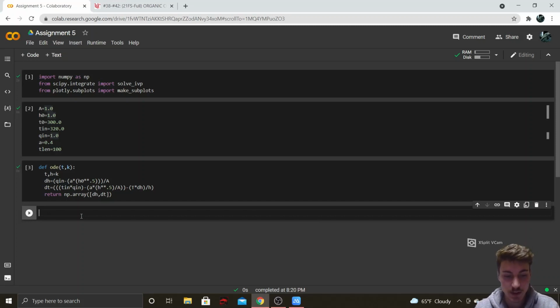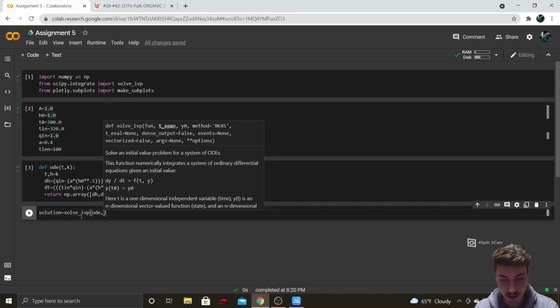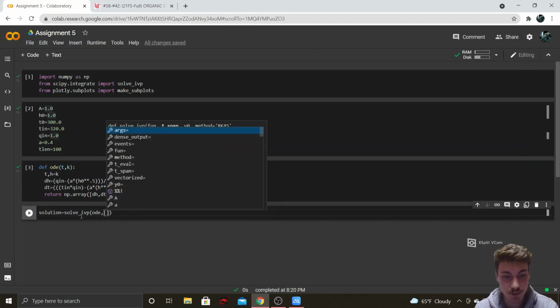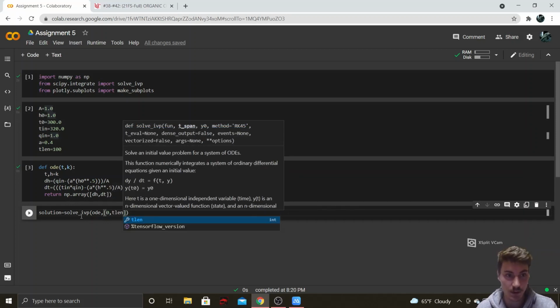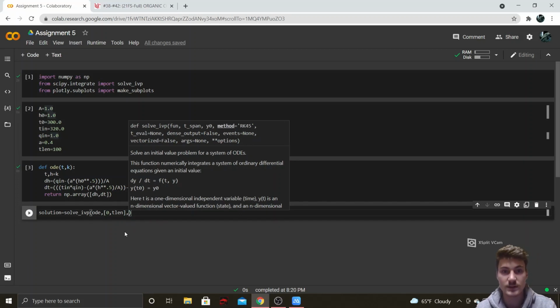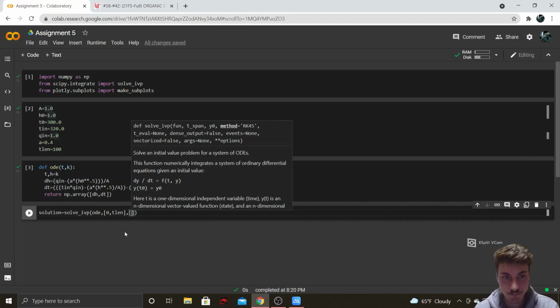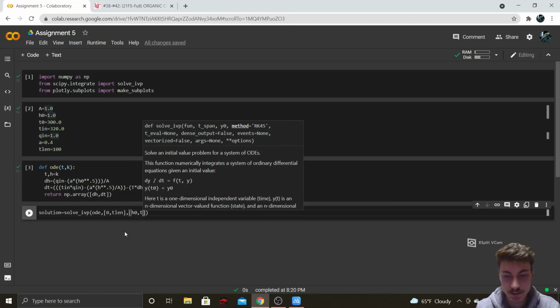Now what we can do is find our solution. So we can pass this into solve_ivp, and then we can pass in our function and the length of time. So we want it to go from 0 to t1, our length, for 100 seconds. And then we want to pass in our initial values, from h0 and t0.